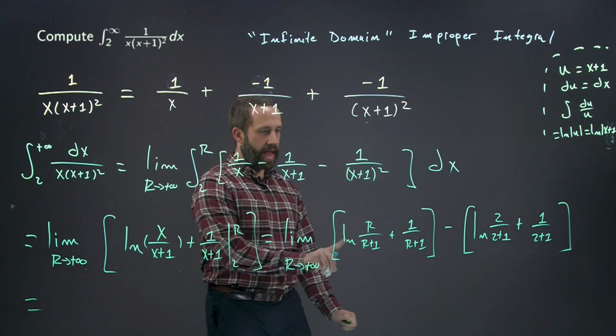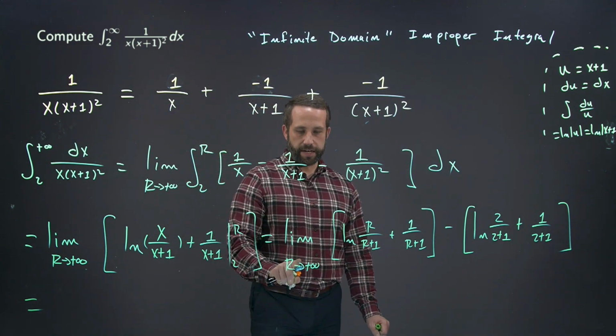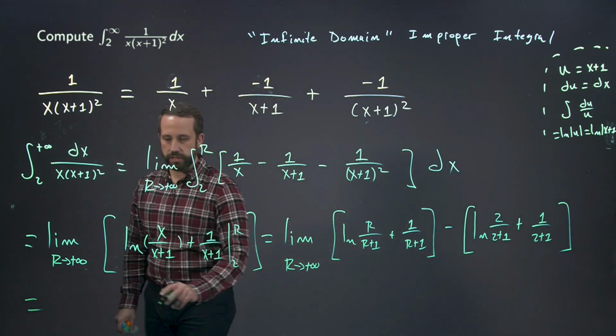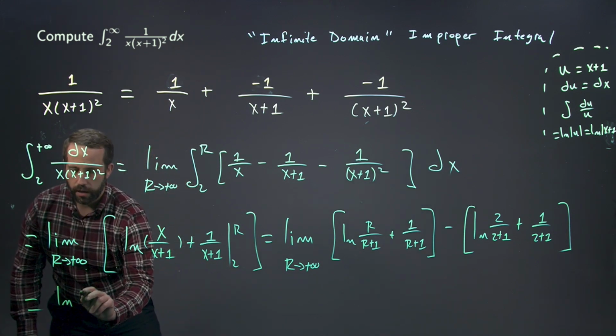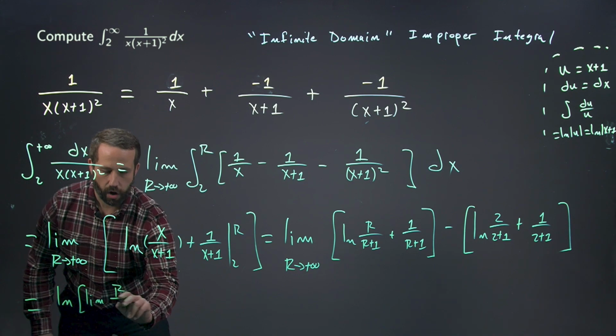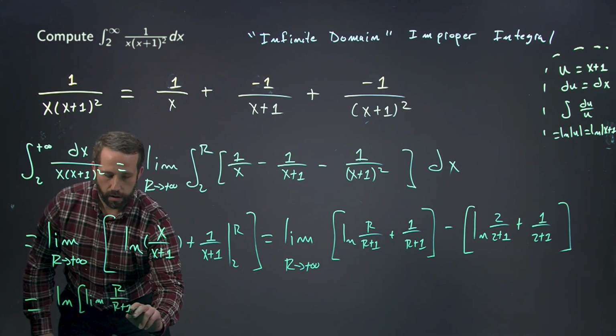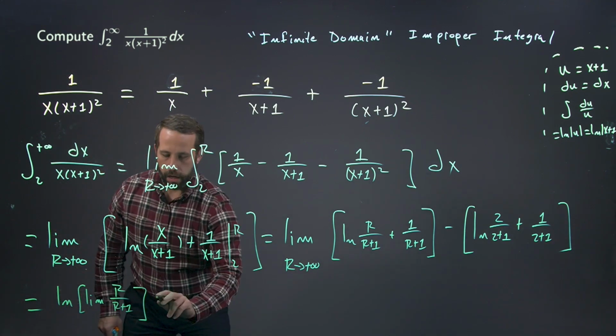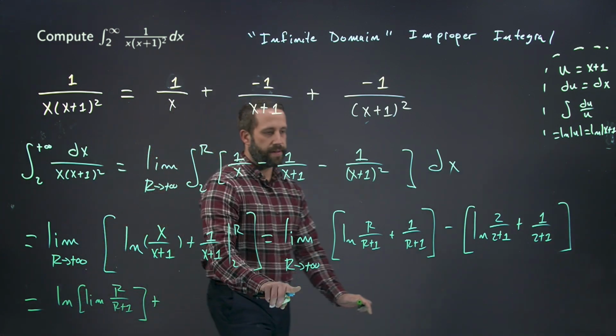Okay, and so now what's happening here? Well, natural log is continuous, so I can interchange the limit and the natural log. So this is going to be the natural log of the limit as r goes to infinity of r over r plus 1 plus, okay, well, let's think what happens here.